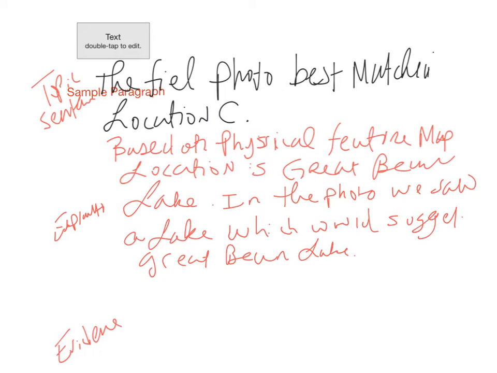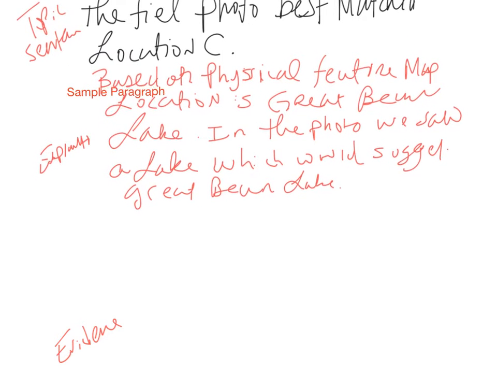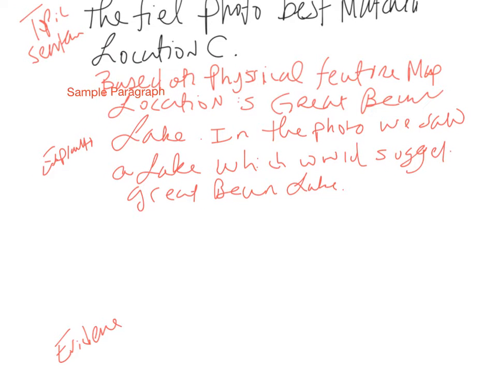So we have our topic sentence, we have some sort of evidence, and then an explanation of that evidence. Now what I have to do is repeat this process 2 more times. All right? So I want to keep on going, and I want to keep on finding evidence that's going to help me prove that this is Great Bear Lake and is location C. So I'm going to go on to another map. This time I'm going to use, let's see, the vegetation zone map.